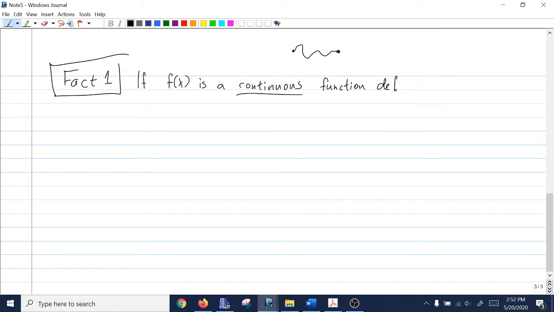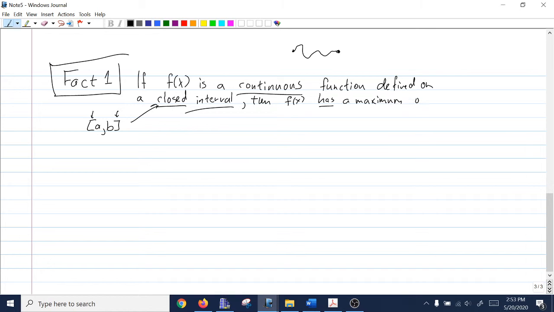defined on a closed interval. If you haven't used the word before, a closed interval is one where it has the brackets, so it's from here to here, including the endpoints. If you have a continuous function defined on a closed interval, then f of x does have a maximum on that interval.